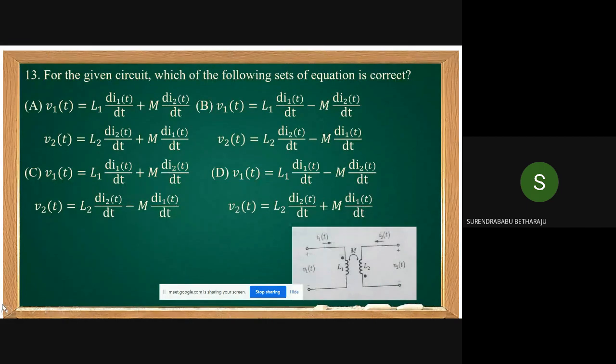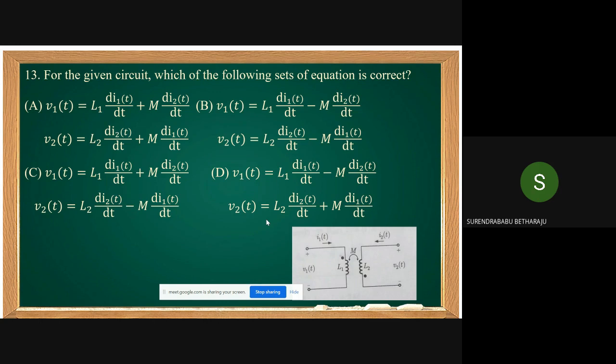For the given circuit, which of the following sets of equations is correct? Is it aiding or opposing, students? It is opposing.